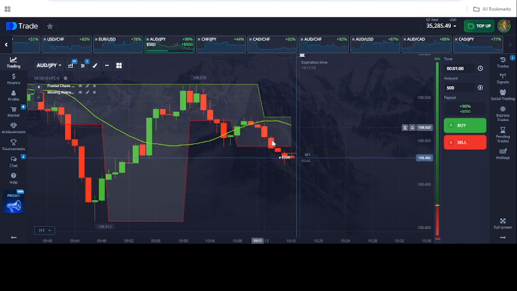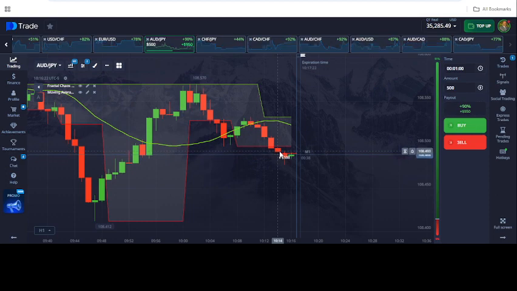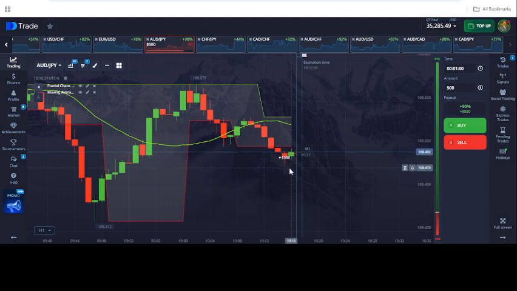We have several bearish candles developing here, and thirdly, this candle here closed below the lower boundary of the Fractal Chaos Band line here. So this suggests a bearish momentum to the downside, a bearish breakout to the downside. So let's monitor this trade and wait for the expiration.